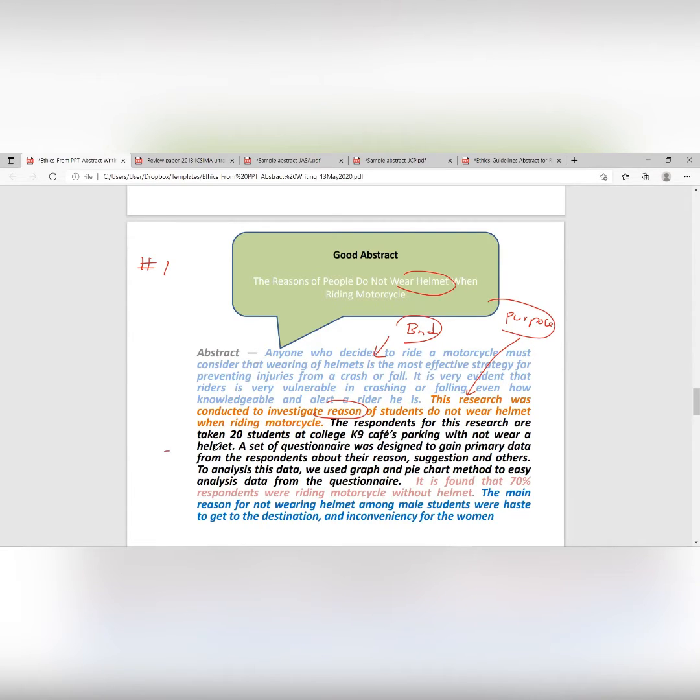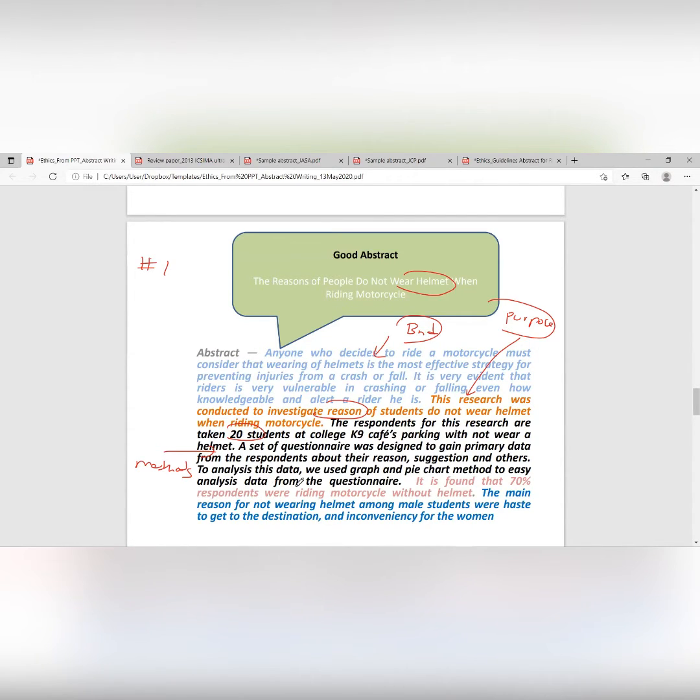Then here's the method. Basically, they went to the student union building, and the cafe is there, and then they asked 20 students that they came across, who were coming to the cafe without the helmet.